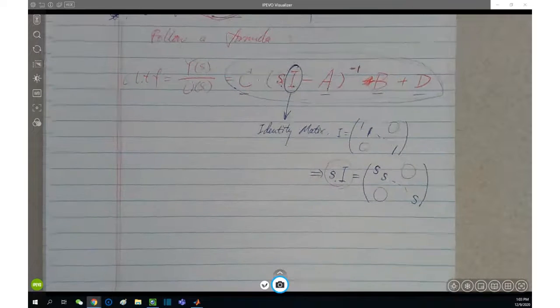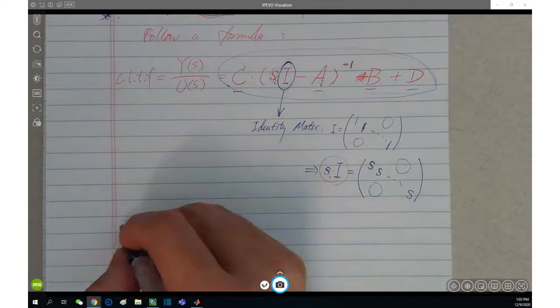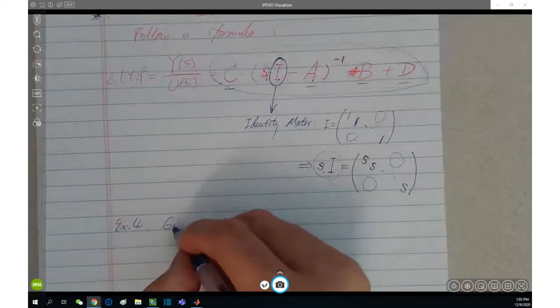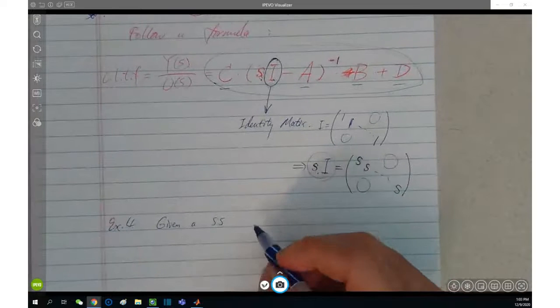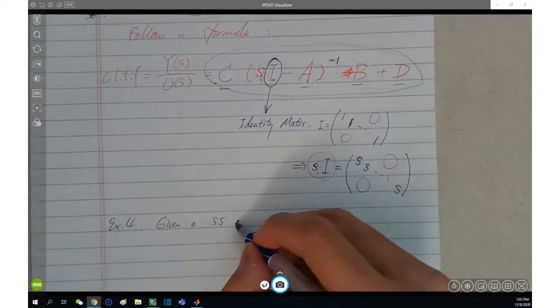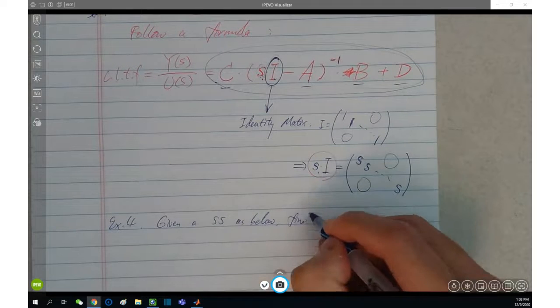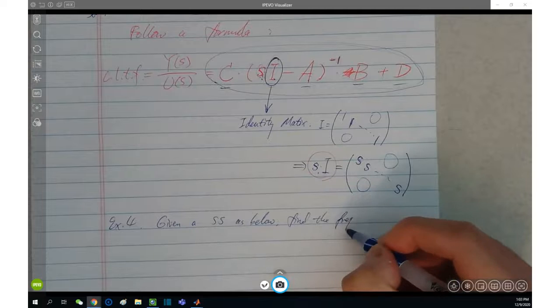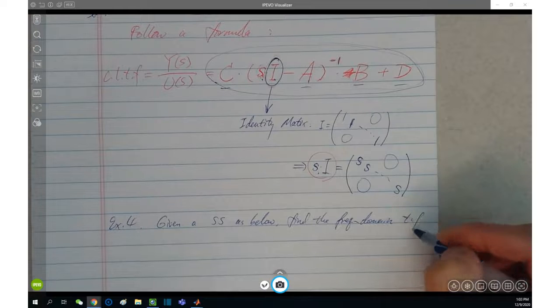So this is the procedure, and let's go through an example to see specifically how we do it. Assuming we are given a state space as below, just find the frequency domain transfer function.